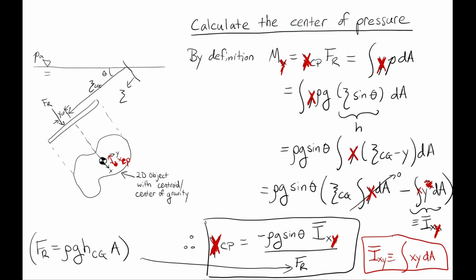So like a pretty good chunk of the time when you're solving these problems, the center of pressure with respect to the x-axis cancels. Not always, but as long as there's some symmetry in the problem, it usually cancels.